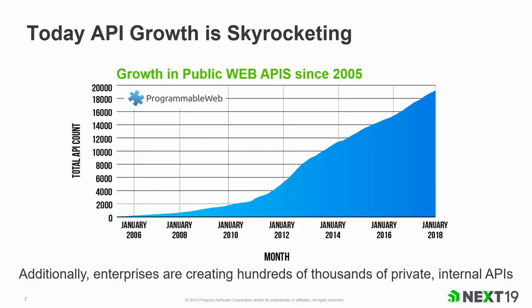Actually, I will be leveraging some of those APIs in my demonstrations today. But this ignores the fact that there are literally hundreds of thousands of internal APIs that companies make available as well, that you can access based on the proper credentials and what have you.